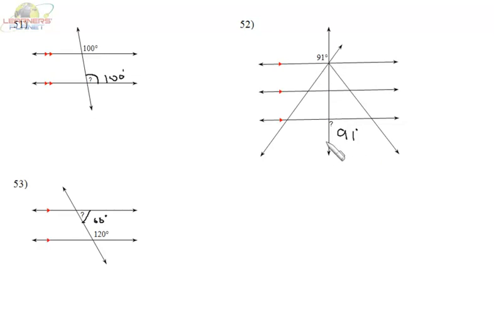They are lying on the opposite side of this transversal and they are on the exterior of these two parallel lines. So if it is 91, it will be 91. So I'm sure now you'll be clear about how to find out the missing angles if one of the angles in the case of parallel lines is given. Okay.